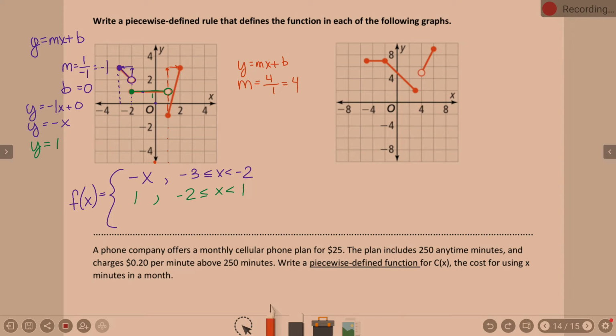Where does that make my y-intercept? -5. So we would normally say y equals 4x minus 5. So down here, only piece I need to put is the 4x minus 5.